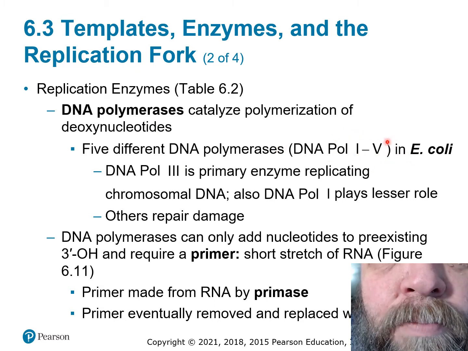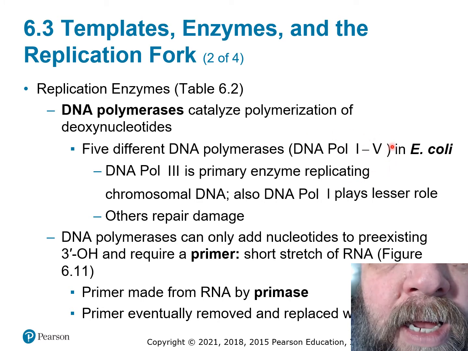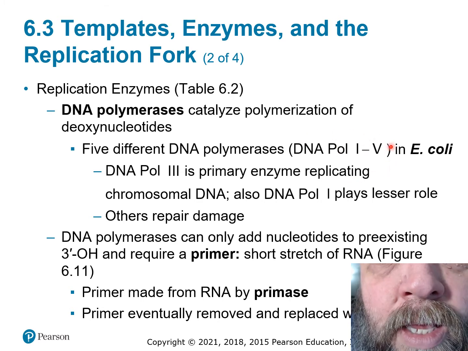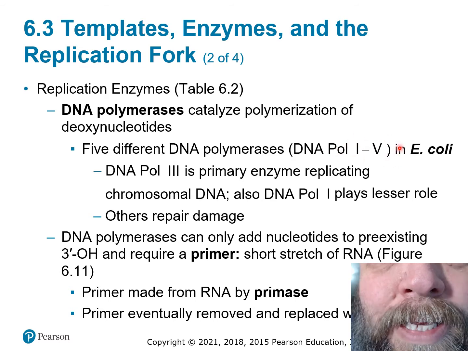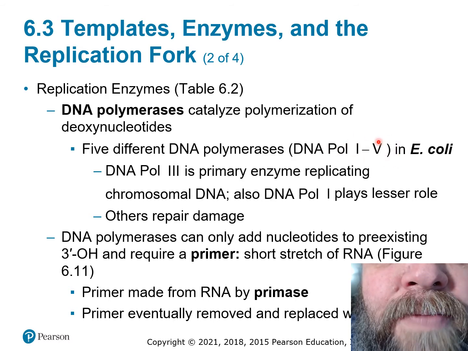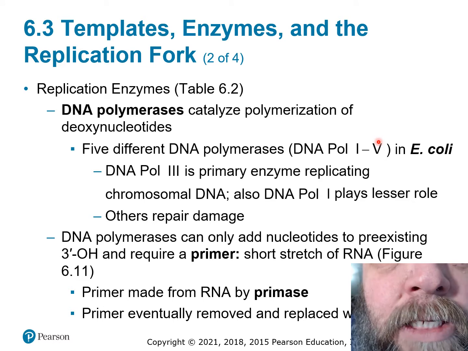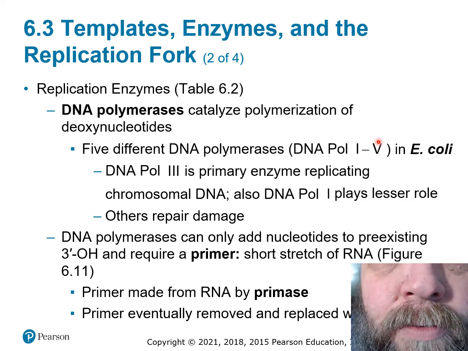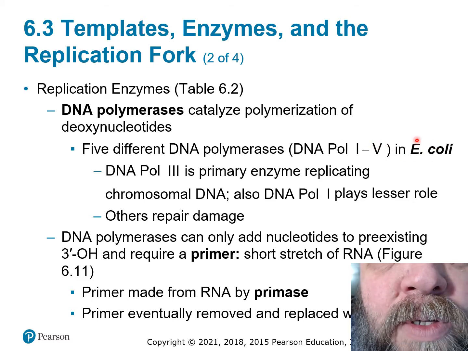Notice it is numbered with numerals. If this was Greek letters, that would signify mammalian, eukaryotic. 1, 2, 3, 4, 5 is going to be prokaryotic.